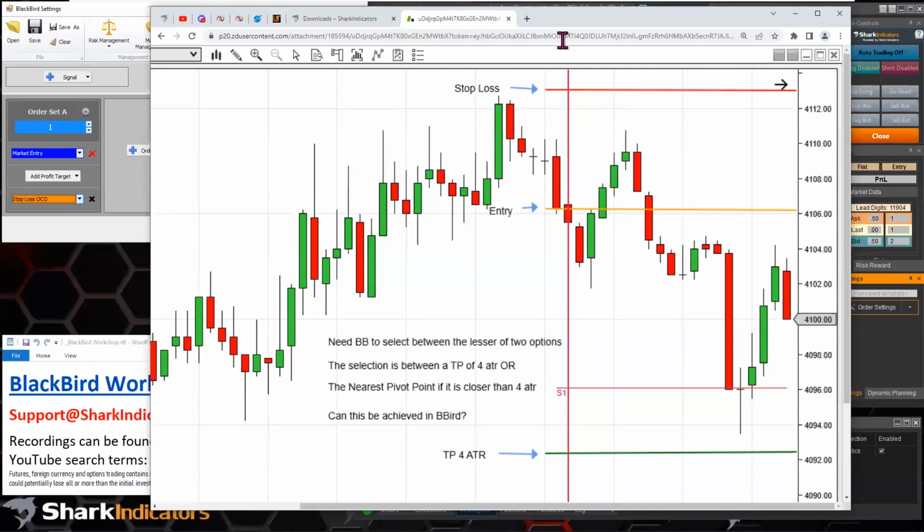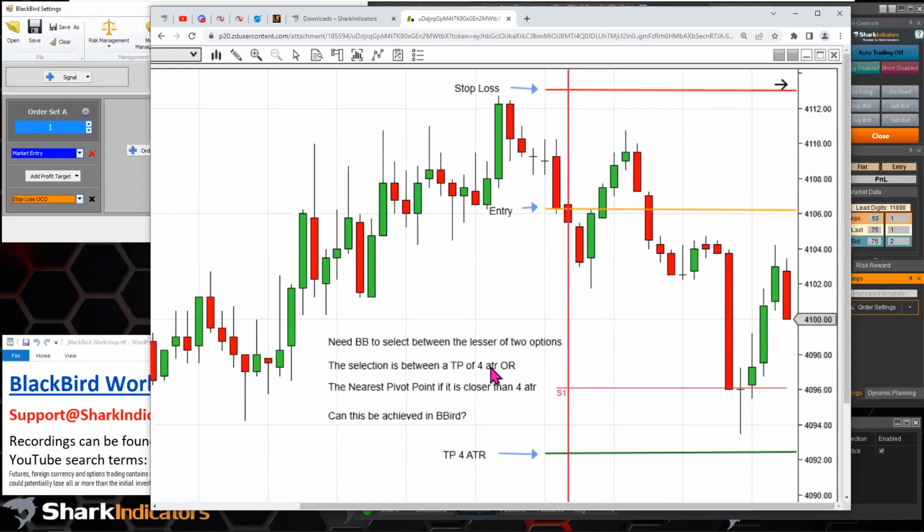If the market was way up above and we went short, you can't put a stop loss below the market for a short trade. That wouldn't work out, right? So basically, we don't have a choice here. We have to go with the 4 ATR as our initial placement price point for the stop loss.